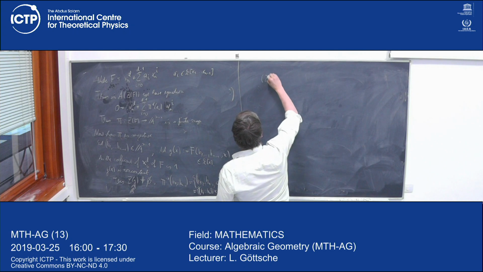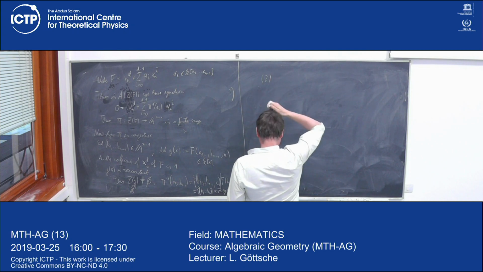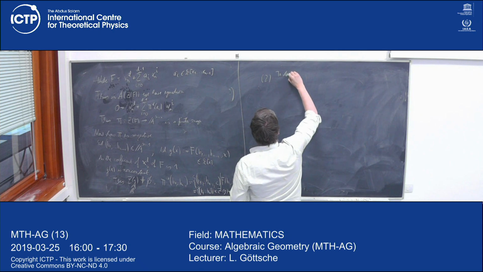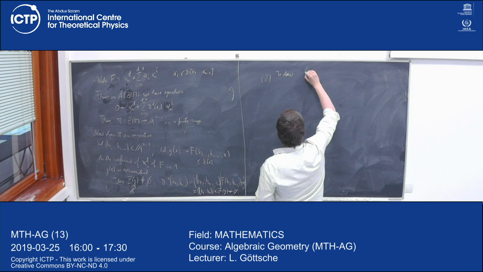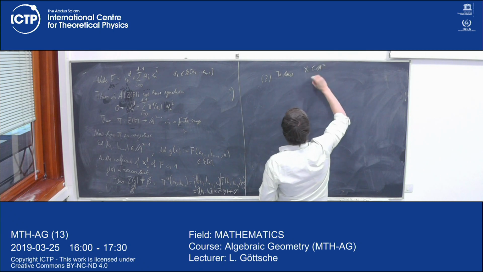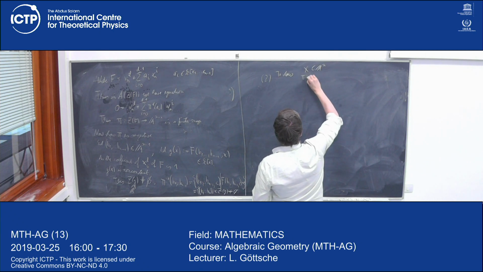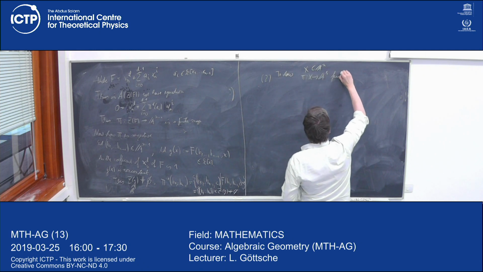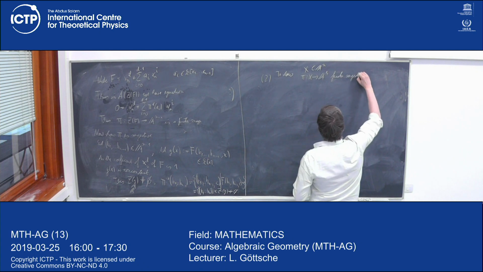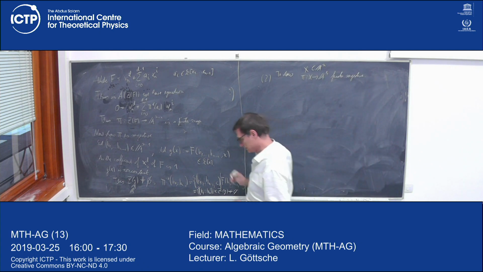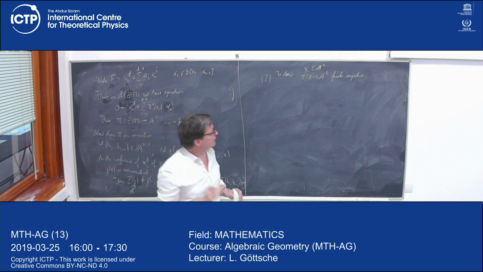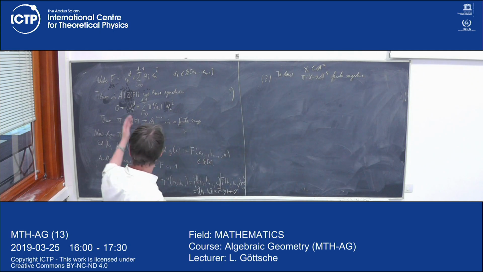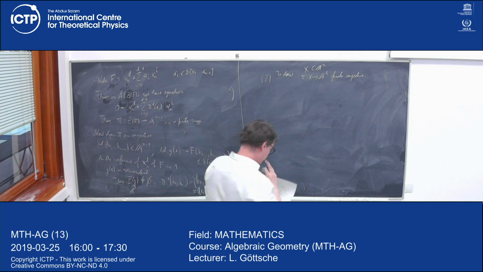So the second statement: just to remind you, because I have it out, X is in A^n, and we want to show there's a map from X to some A^k, which is finite surjective. And we want to do this by some kind of induction over n using this fact that we have here for hypersurfaces.